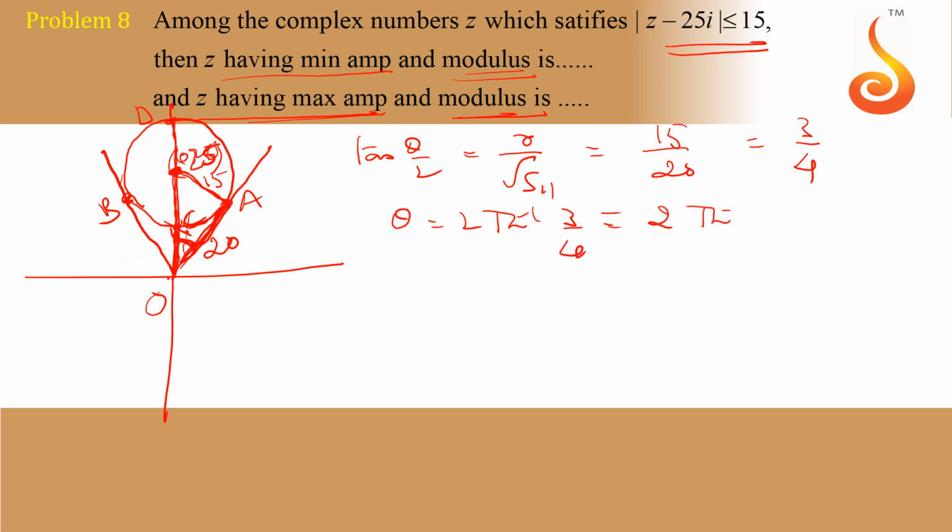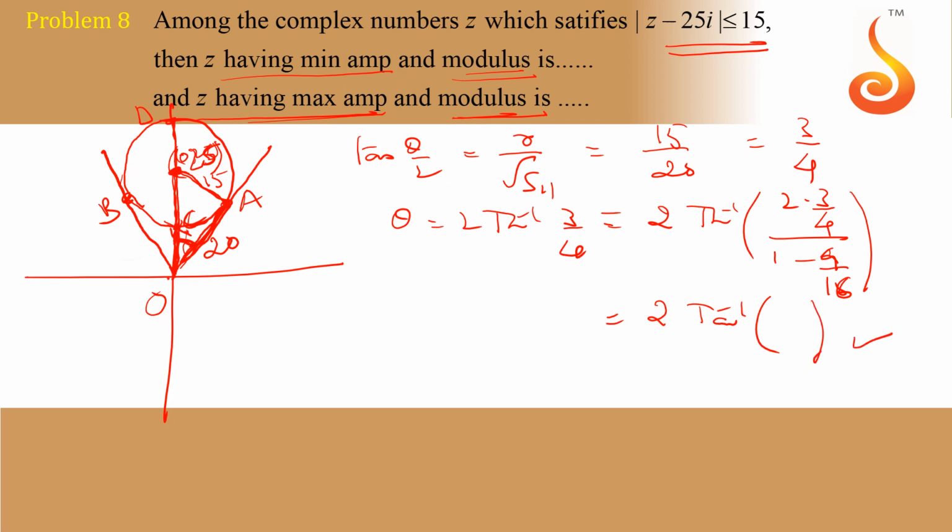So 2 tan inverse of x, that is 2x by 1 minus x square. So 9 by 16, so how much? 16 minus 9 is 7, so 7 by 16. Let us simplify; you will get theta, this is the angle. So after getting tan theta by 2, you got this angle, no?